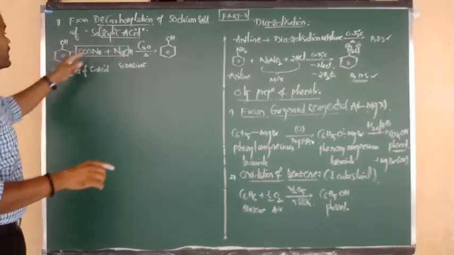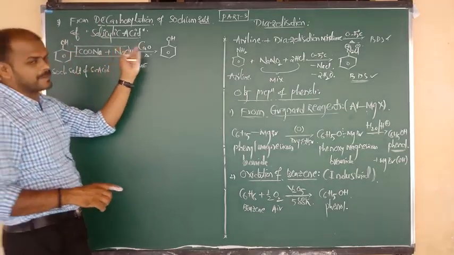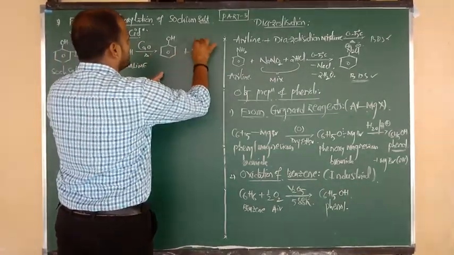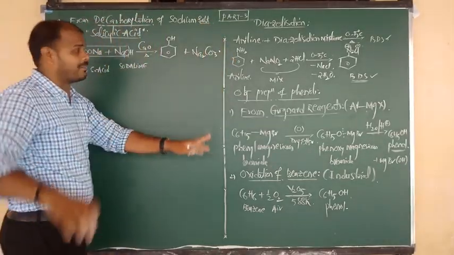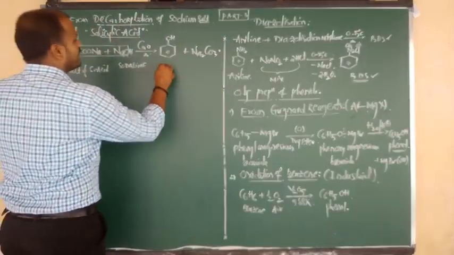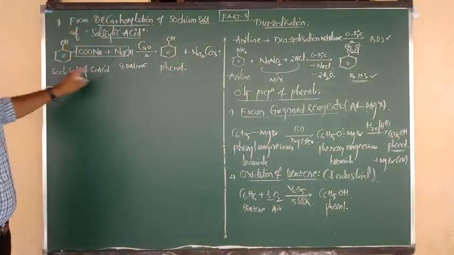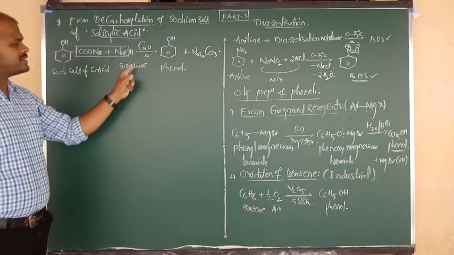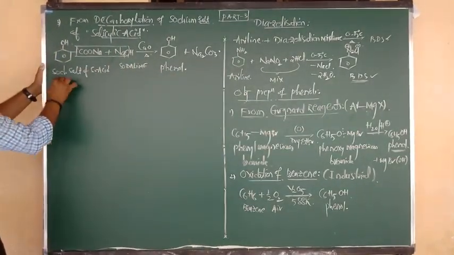Decarboxylation means removal of CO2, and it takes place in the form of Na2CO3. This is your byproduct. In decarboxylation the common byproduct is Na2CO3, and the main product is phenol. So the statement: sodium salt of salicylic acid on heating with soda lime gives phenol. Over. Next, let us continue.